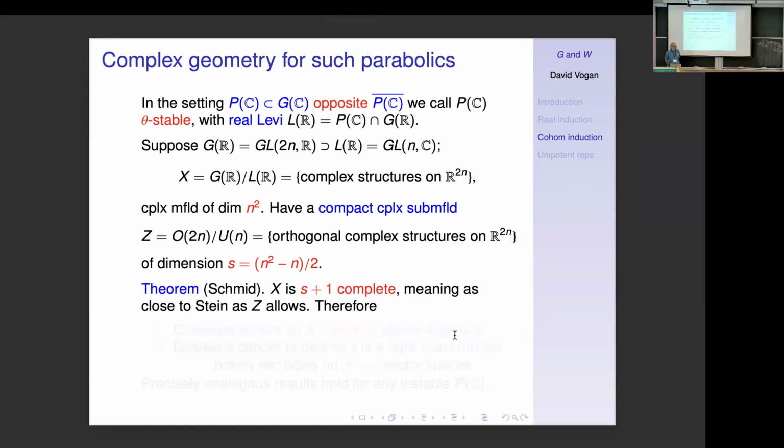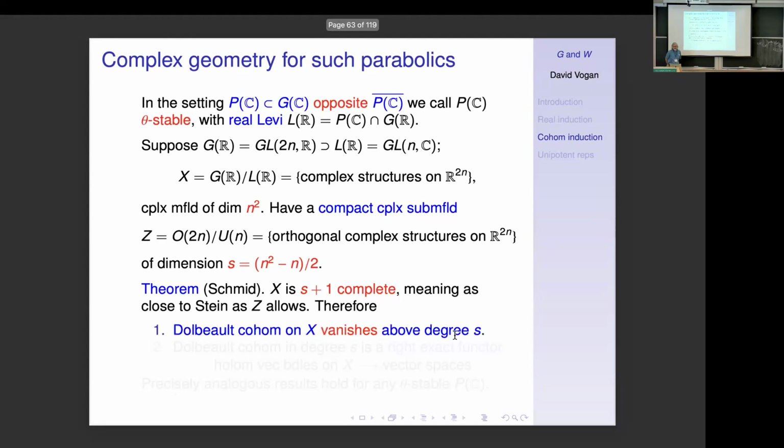But what Wilfried Schmid proved was that X is S plus 1 complete. I'm not going to recall the definition of S plus 1 complete, but a Stein manifold is 1 complete. And so what S plus 1 complete means is it's as close to being Stein as you can get with this big compact subvariety.